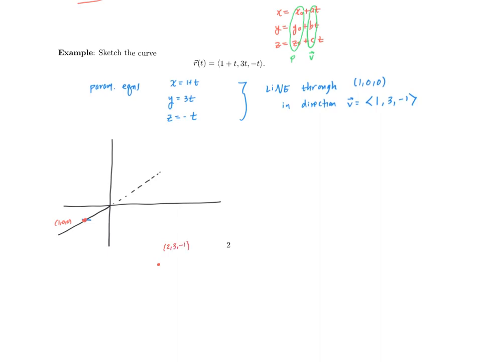So somehow I just want to draw a reasonable looking line connecting those 2 points. And just to make sure we're all on the same page, this vector joining the 2 points would be the direction vector v, so 1, 3, minus 1.